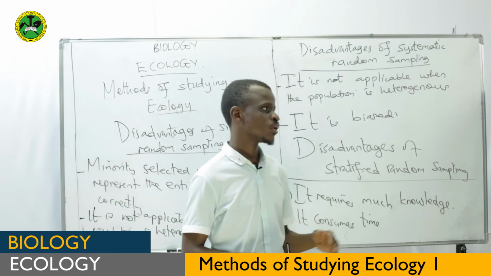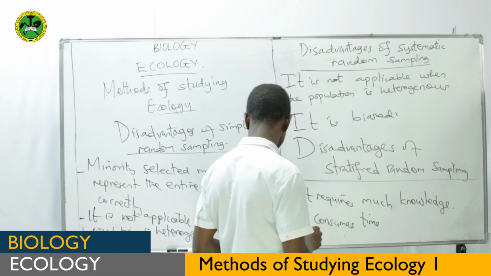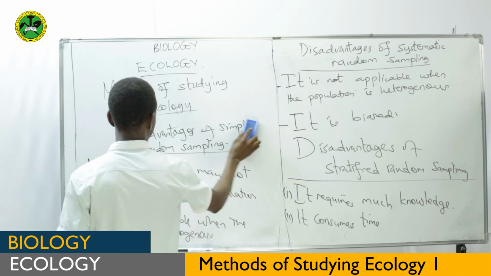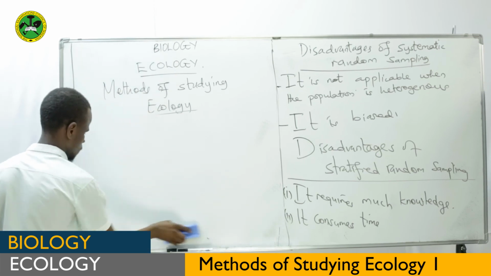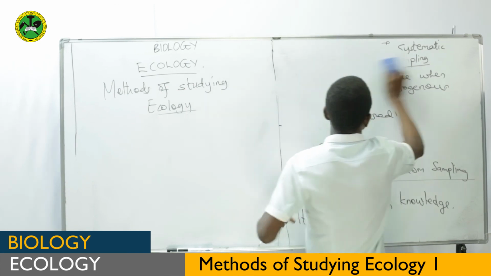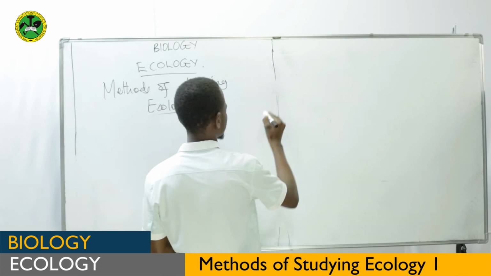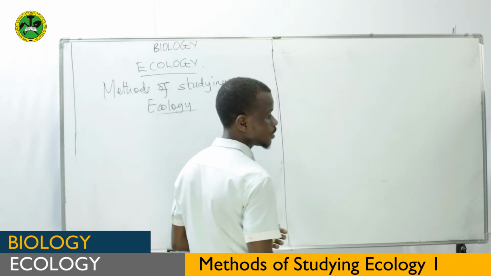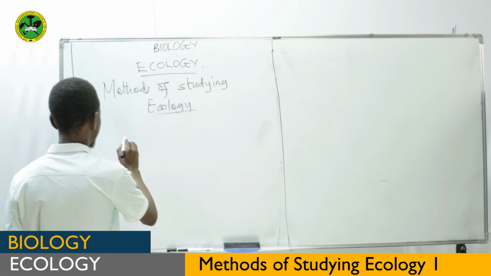And also, you know now the advantages and disadvantages of each sampling technique. In the next lesson, my students will learn about the transect and the quadrant, and how we use them in sampling flora and fauna.